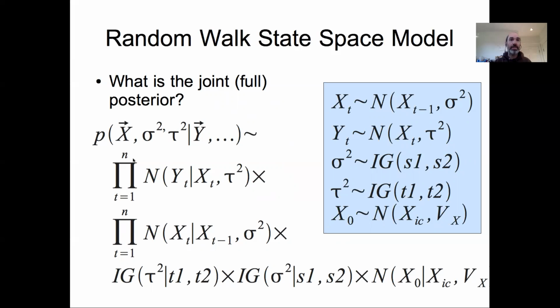We have n data points, so we have n observations. We also have our dynamic evolution, our underlying process model. So we have our data model, we have our process model, and then we have the priors on each of these terms.